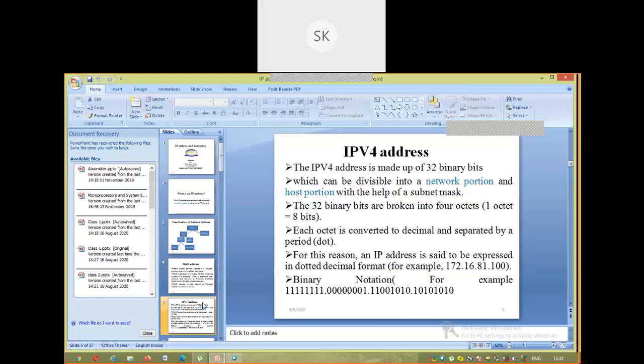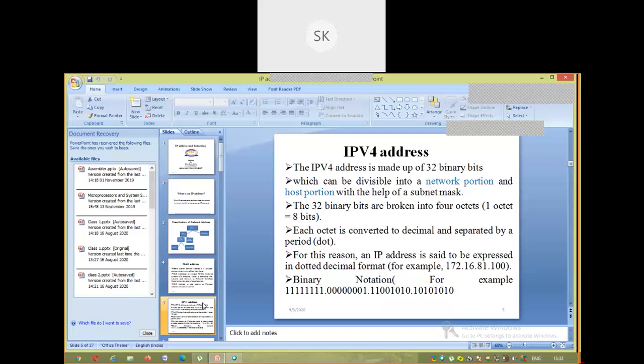So there are 32 bits, numbered from 0 to 31. This 32 bits is again divided into two portions.